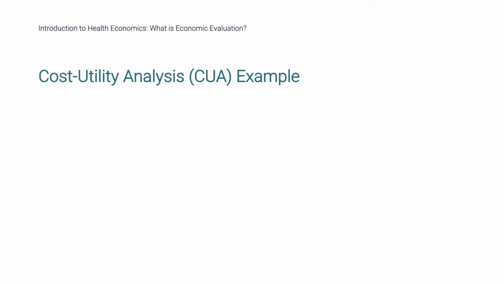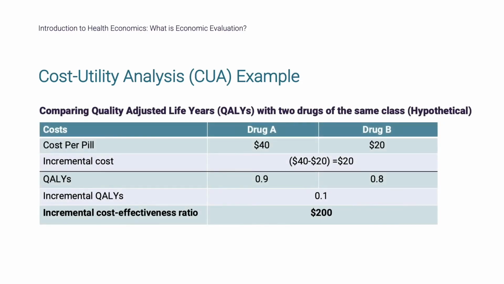The challenge with understanding the value for money of gaining natural health units, which are used in CEA, has led to cost-utility analysis, or CUA, being the method of economic evaluation that is most preferred by health technology assessment agencies. CUAs report health outcomes as quality-adjusted life years, or QALYs. The QALY is a synthesis of quality of life, or health utility, and life expectancy.